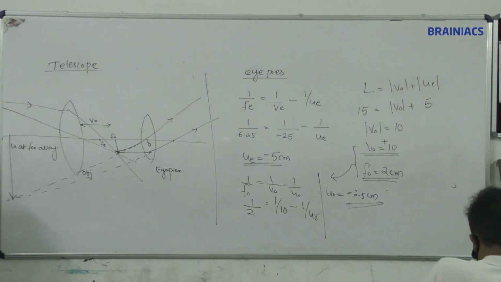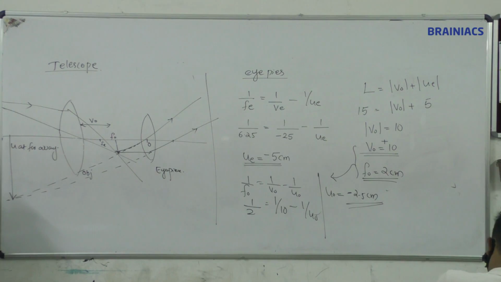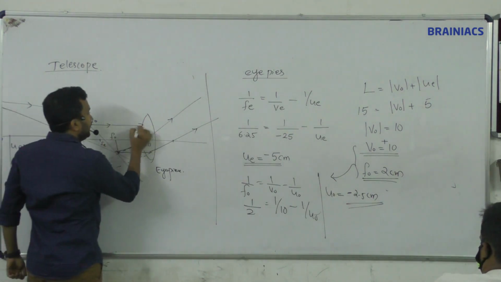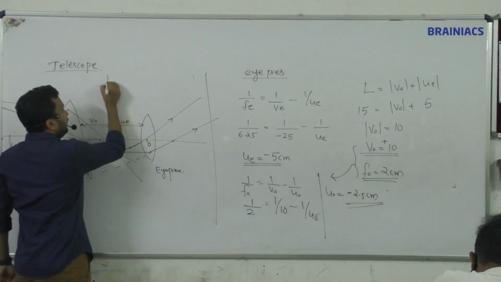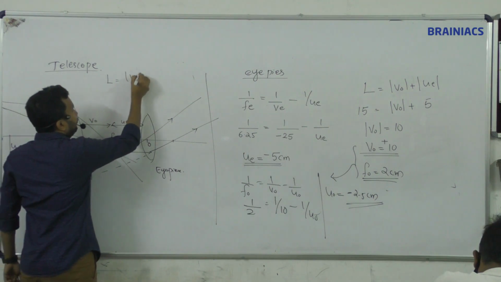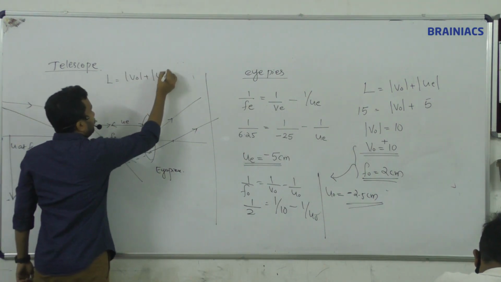Next one, length of the telescope. What is the length of the telescope? This distance is UE. L equals modulus of V0 plus modulus of UE.